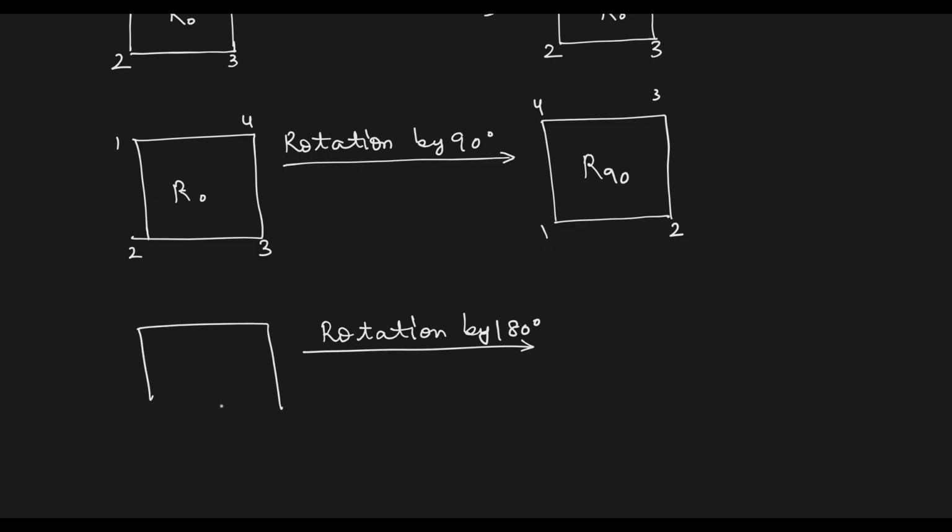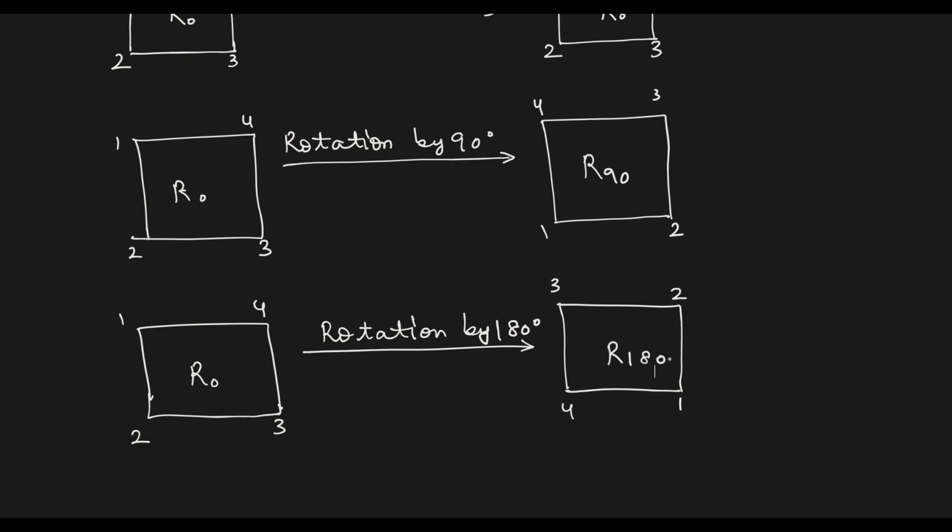Next, rotation by 180 degree. So we had this R0, 1, 2, 3, 4. It will basically be shifted 2 places. So this will become 1, 2, 3, 4. This is R180.